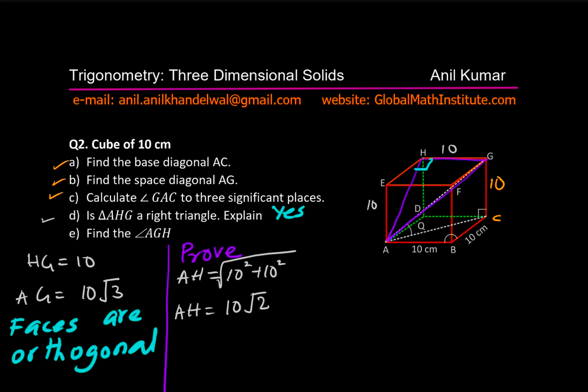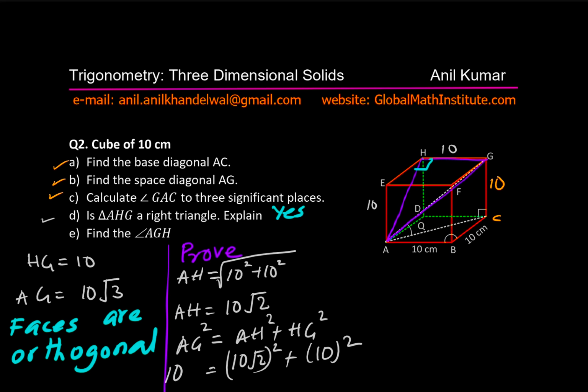Now clearly you can see that AG squared is equal to AH squared plus HG squared, and that's the Pythagorean theorem, right? We found that AH squared is 10 square root 2 whole squared, and HG squared is 10 squared, and definitely this is equal to 10 square root 3 whole squared. And so we know it is a right angle. Does that make sense to you? So that is clearly a right angle triangle.